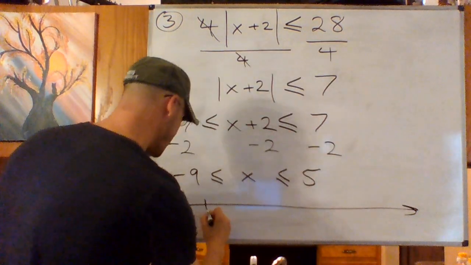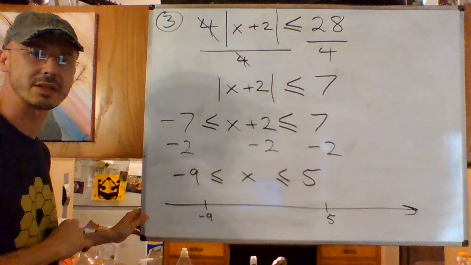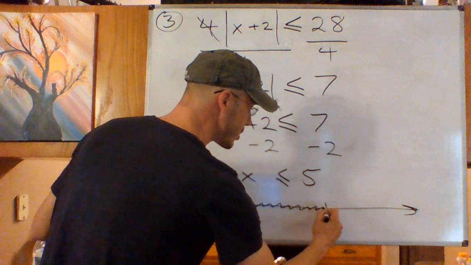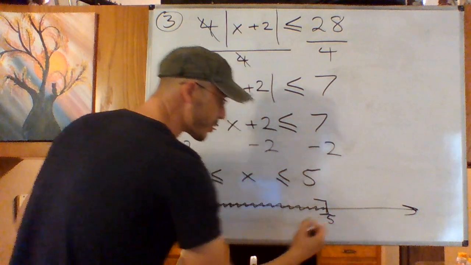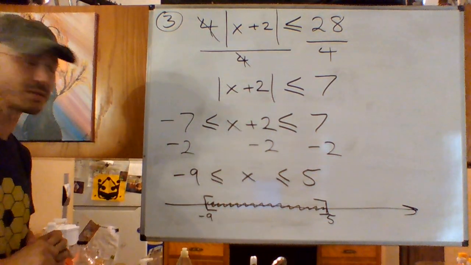The graph would look like this. Negative 9 and 5 are the only important numbers on this graph. I'm going to shade between them because x can be between them. But a bracket for the negative 9 and a bracket for the 5, because they're both less than or equal to signs.